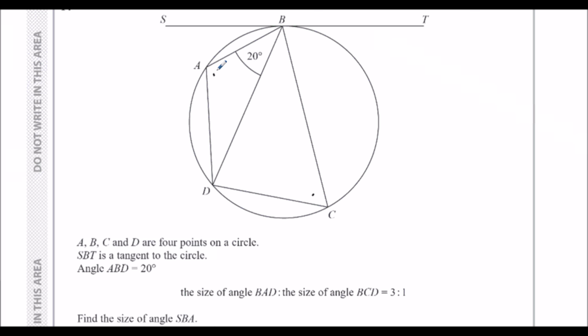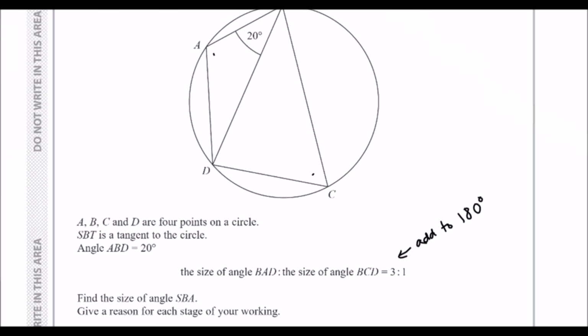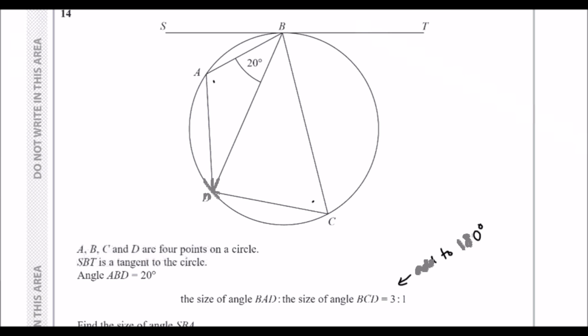That's useful because they are opposite angles in a cyclic quadrilateral, which means they add up to 180 degrees. Find the size of angle SBA, this angle here. You must show your working.